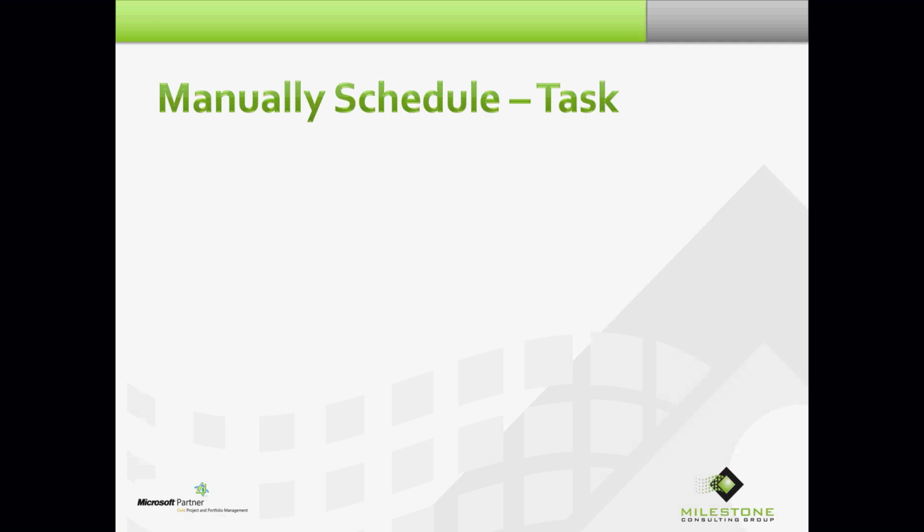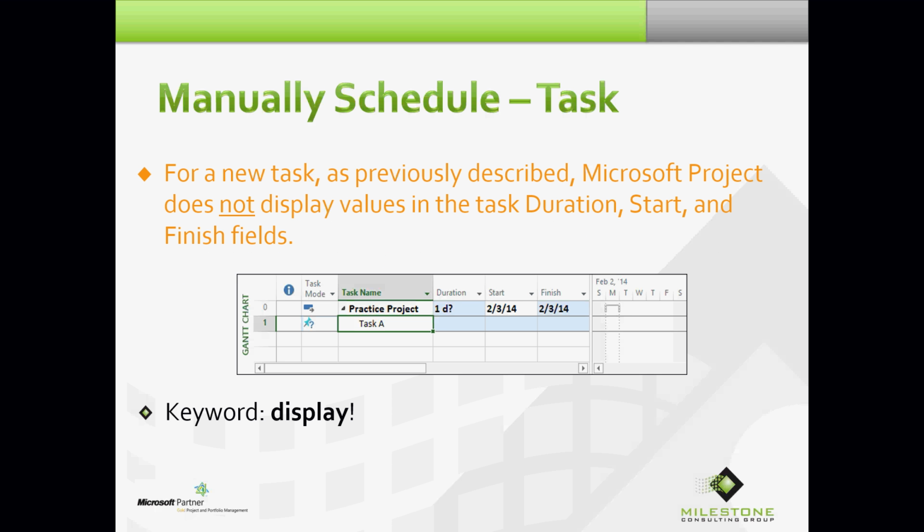If I take you back one slide here, and if you type in task A, and you save your schedule, and you walk away from your computer, and somebody walks by and they look at your computer screen, and they see task A there, but they don't see duration, they don't see start, and they don't see finish, they're not going to immediately be inclined to think, those are the dates.